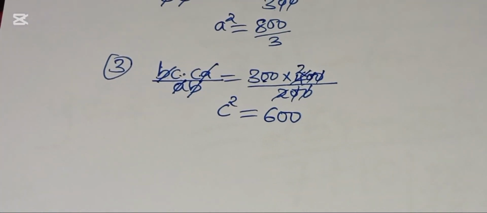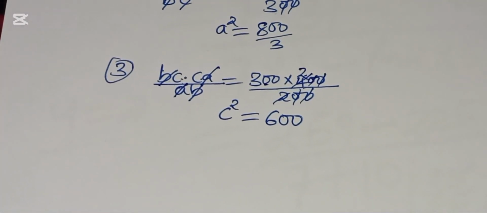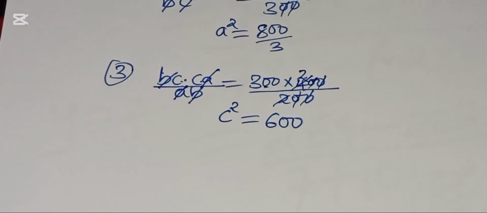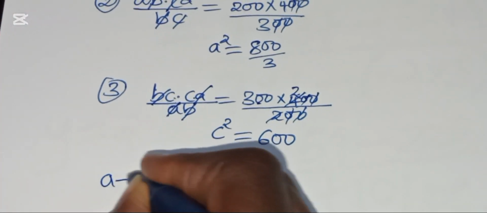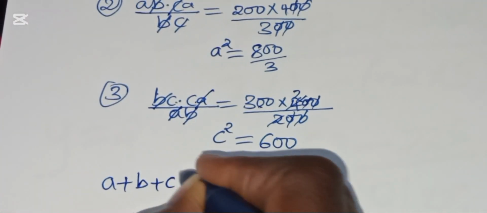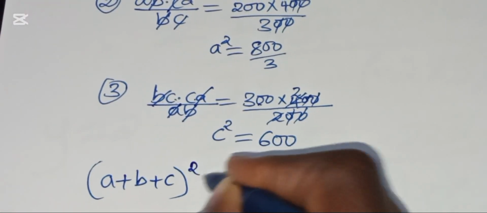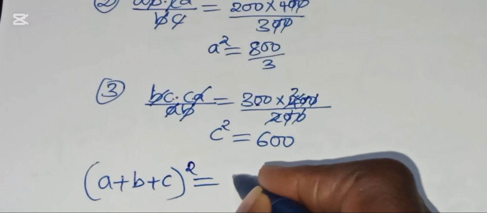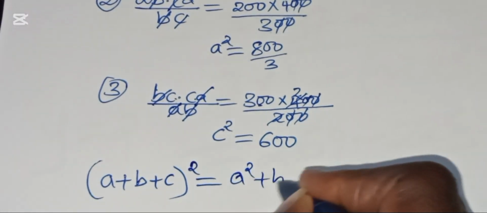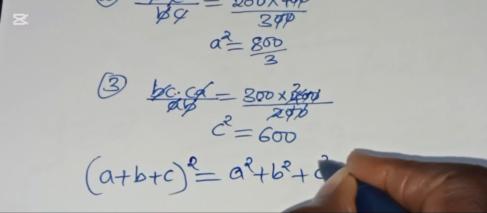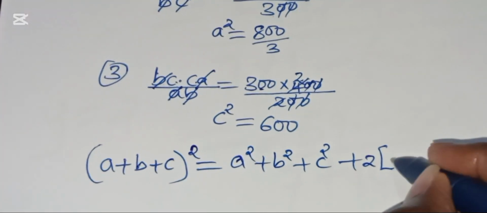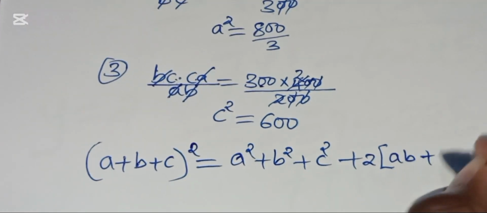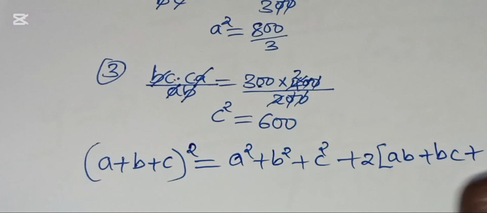Now for us to determine the value of a plus b plus c, we are going to use the distributive property as follows. So we have a plus b plus c squared. This is expressed as a squared plus b squared plus c squared plus 2 into the bracket ab plus bc plus ca.